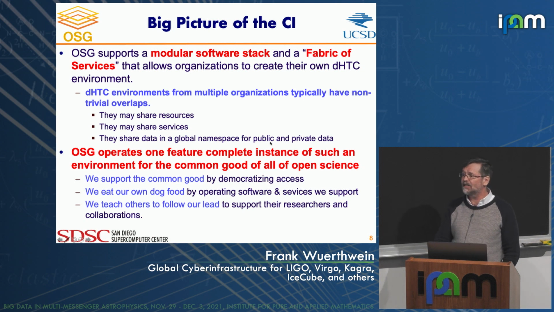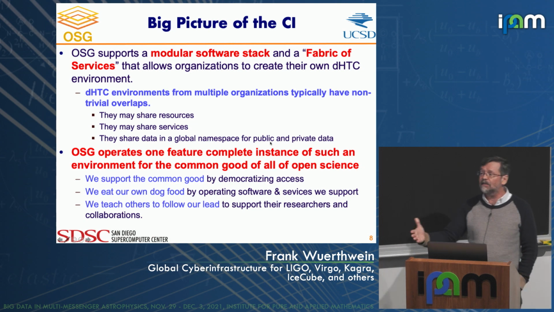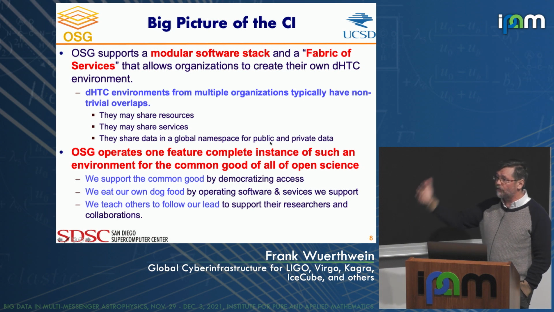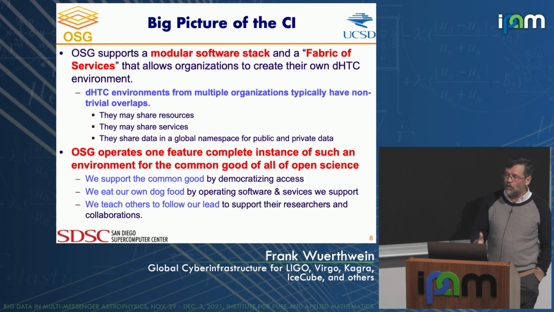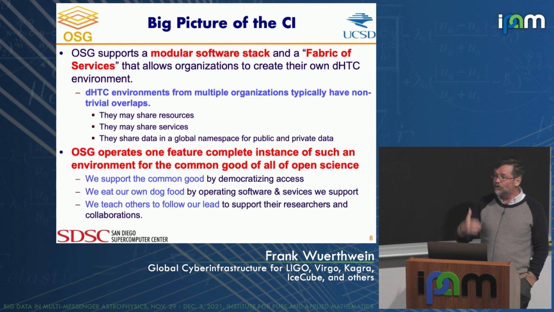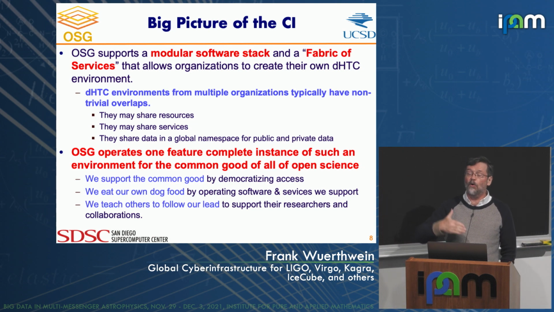In essence, LIGO, Virgo, Kagra have built their own infrastructure out of our components, but they also use the public infrastructure that is available for everybody else. And so OSG runs its own infrastructure, uses the OSG tool. OSG is both a provider of services and a consumer of services.